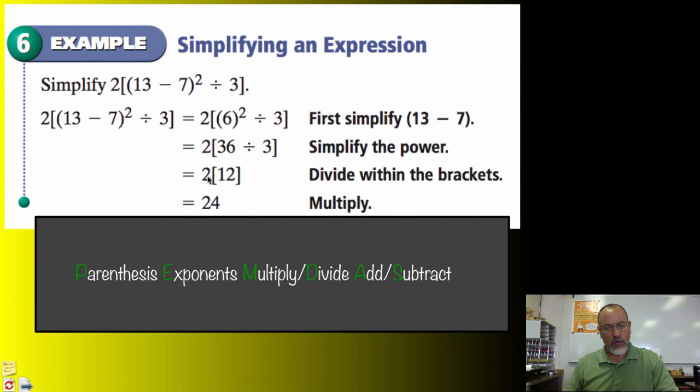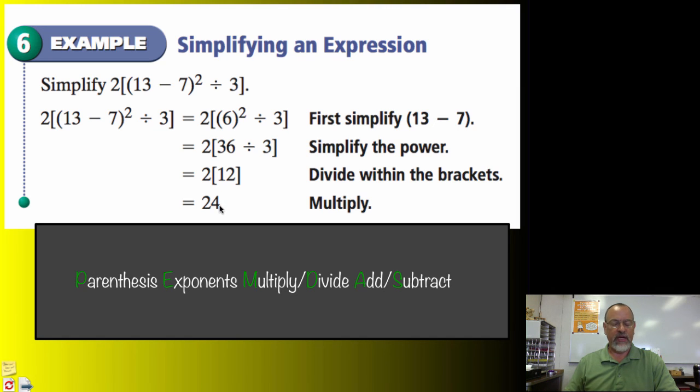Now that I've done all the multiplication and division, I would look to add and subtract anything. If it's left, there's nothing left. So 24 is the simplified expression of this somewhat complex, in comparison, algebraic expression. So remember PEMDAS, start on the inside, work your way out.